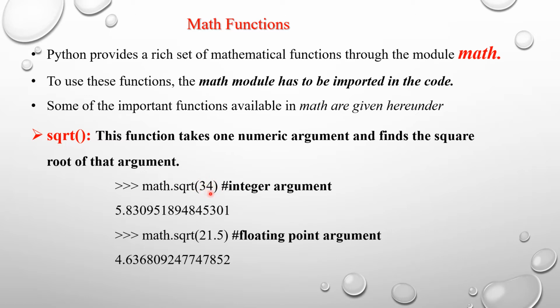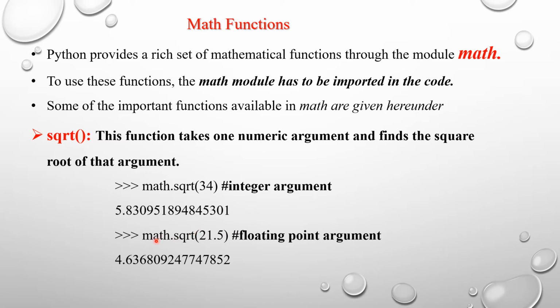The argument is 34, the function name is sqrt, and the module is the math module. The interpreter will give the square root of the argument value. Here the argument is 34, and its square root value is 5.83. So 34 is the integer argument.